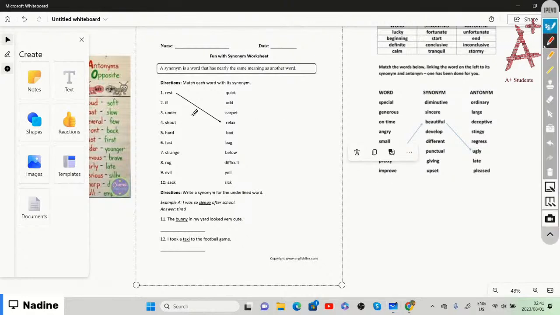The synonym of ill is sick. Then under. What is the same as under? So the same as under is below.